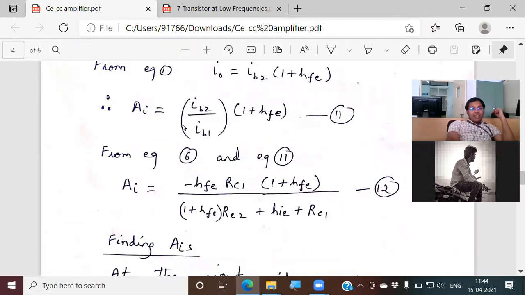So I just substituted this IB2 by IB1 here, and 1 plus HFE I am taking as it is. AI is completed.